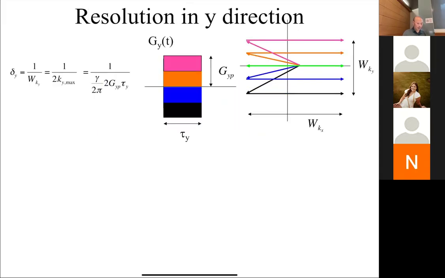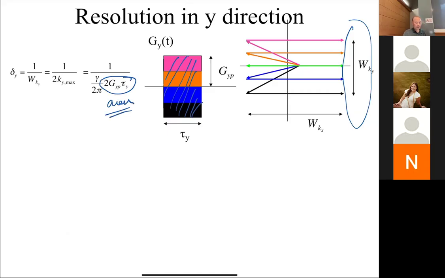Similarly, what takes us from one side of K space to the other side is basically all this area, because one of them took you all the way down here, the other took you all the way up there. That's the area you care about. The key is to emphasize that we're just looking at areas.